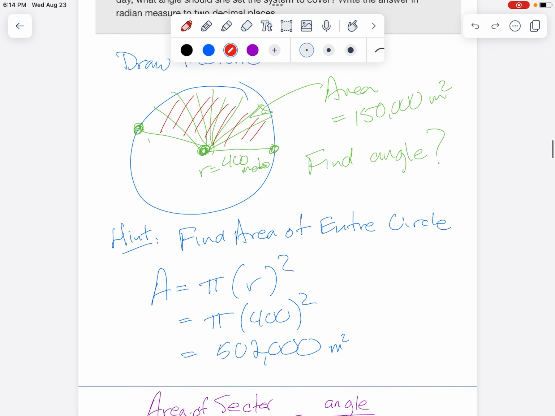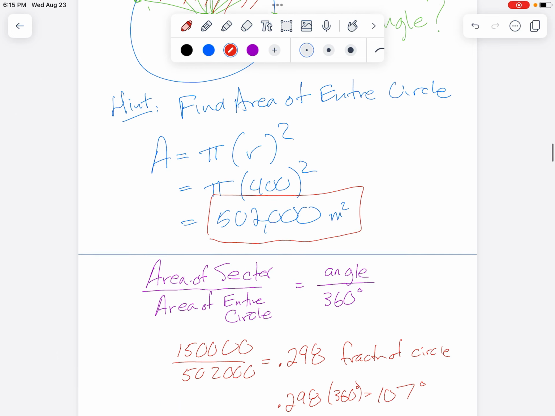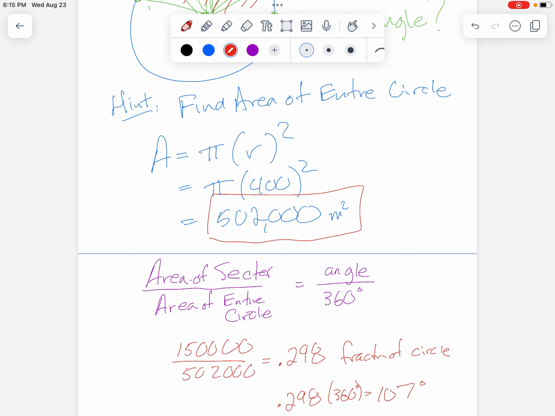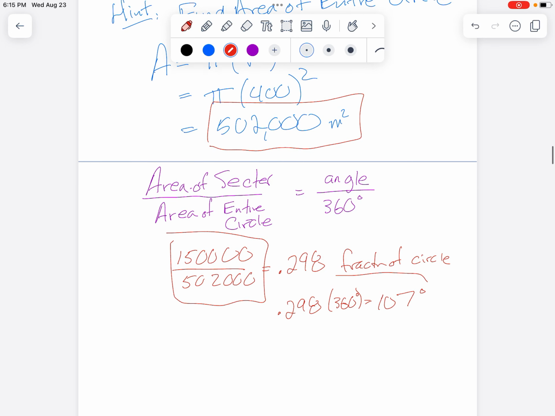Well, one way to look at it is, what's the area of the entire circle? Well, area is pi r squared, so the area of the entire circle is that. And so what fraction of the circle do you actually want to irrigate? Well, the area of the sector over the area of the whole circle ends up being 0.298, about 30% of the whole circle. So you want to go about 30% of the whole circle in degrees. That's 107 degrees.